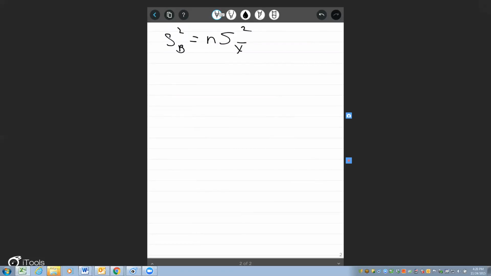And S sub X bar squared is the variance of the sample averages.